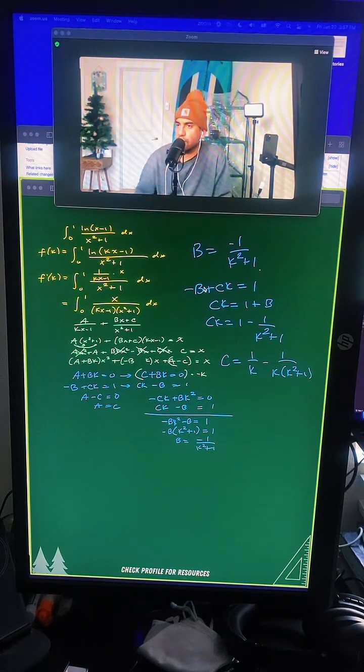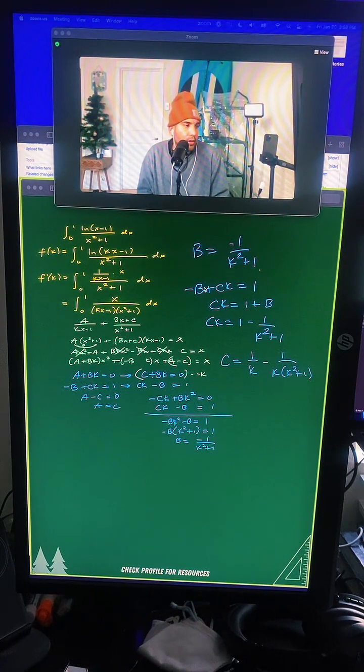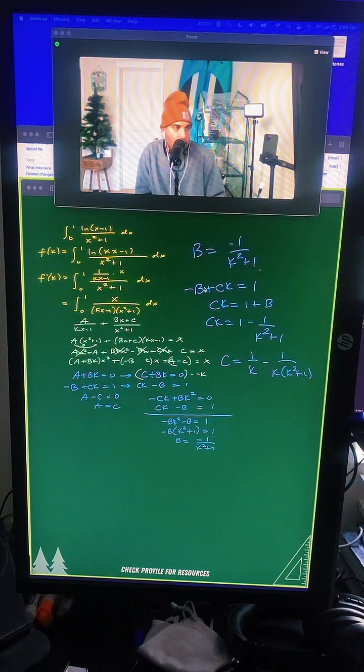Positive bk squared. Someone said positive bk squared. Where was a positive bk squared, Bernard? Do you see that? Do we see where that is? The positive bk squared. I'm trying to make sense of where that would be. Oh, I see it.